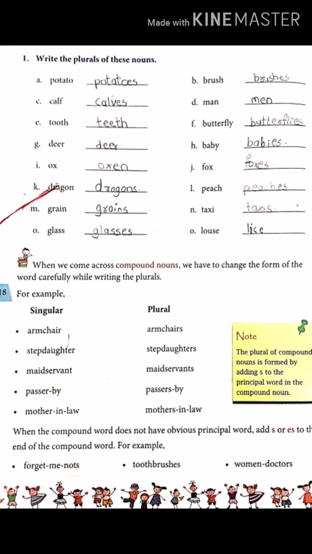A compound noun is a type of compound word that is used to designate a person, place, or thing. Compound nouns can be formed in several ways, which is one of the reasons why writing these words can be tricky.